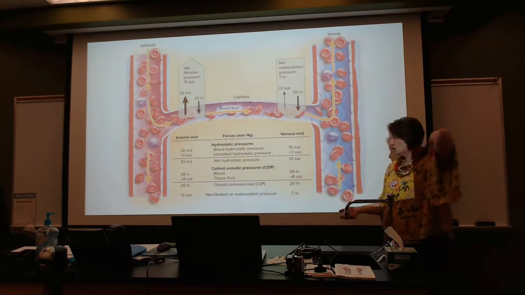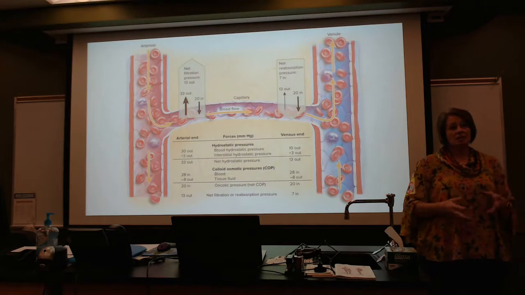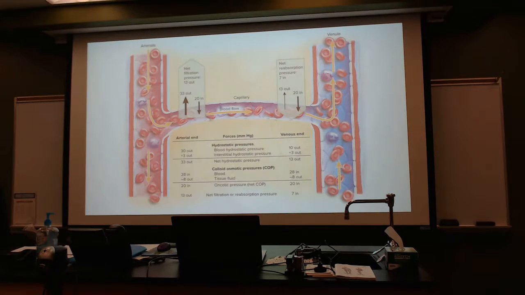We've already mentioned that materials like to move down their pressure gradient. What do you notice about the pressure gradient for the water on the arterial versus the venous end? Your arterial is higher. My arterial end is higher. Venous end, lower. So that is going to allow movement of fluids.